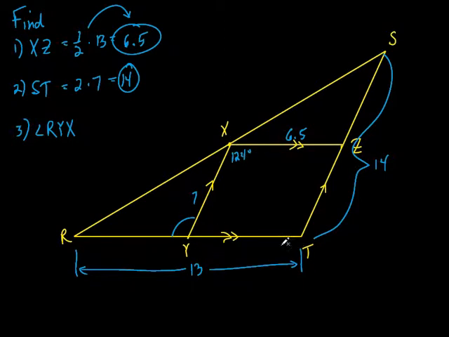I got parallel lines, don't I? Let's see. I'm trying to think the quickest way to do this. Parallel lines cut by a transversal. That's what I'm thinking. Yeah, absolutely, because I'm trying to visualize it without all the other stuff around it. Watch, this is that bottom side right here, that RY, and this is a parallel line.